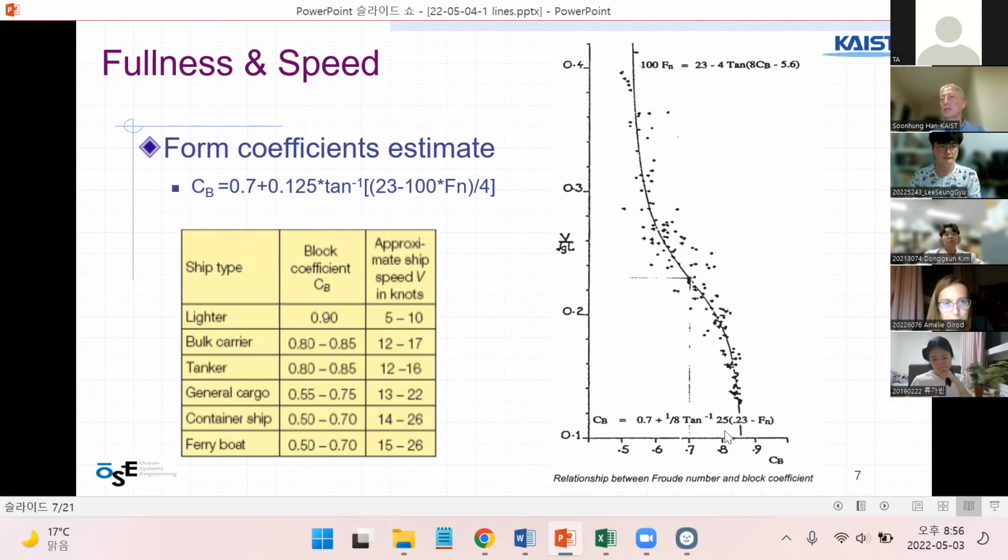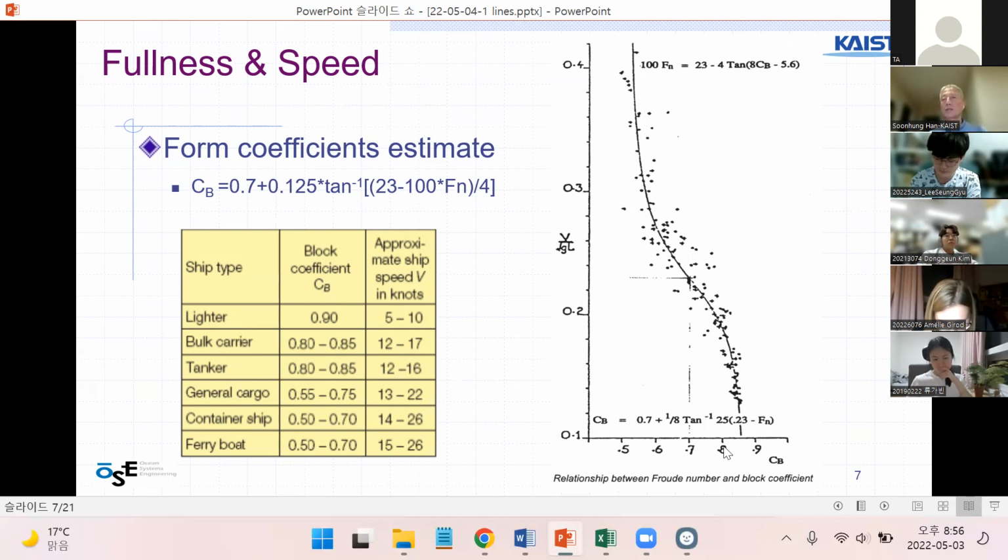And the horizontal axis is block coefficient, and the vertical axis is Froude number. Froude number means the speed and length ratio. And in the box, you see the ship types: bulk carrier, tanker, container ship, ferry boat, and block coefficient is decreasing as ship types move, and ship speed is also increasing, as ferry and container ship are high speed and bulk carrier is low speed.